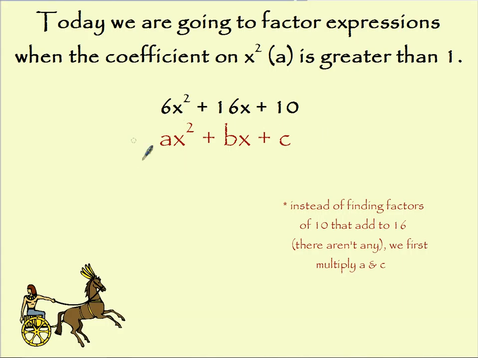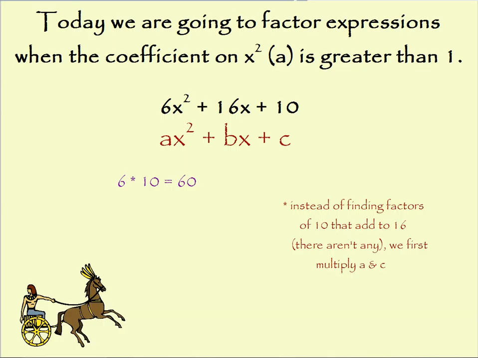Remember the standard form of a quadratic expression is ax squared plus bx plus c. So a is always the coefficient on the x squared term, and c is always your constant. I have to multiply 6 times 10 before I can start to factor.